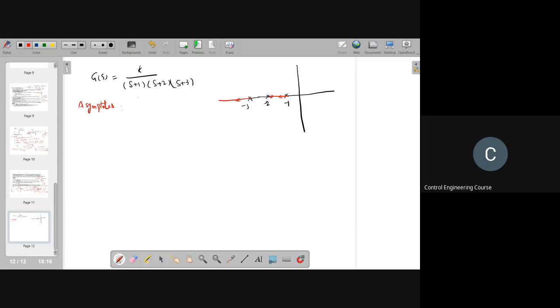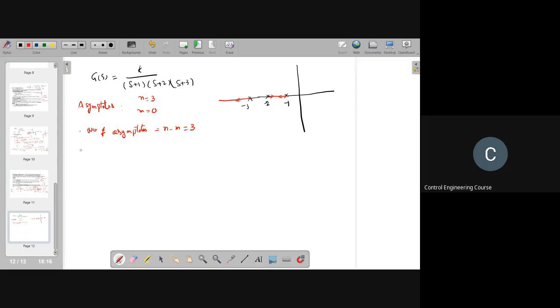First, here the number of poles is 3 and the number of zeros is 0. So the number of asymptotes is equal to n minus m, which is 3.